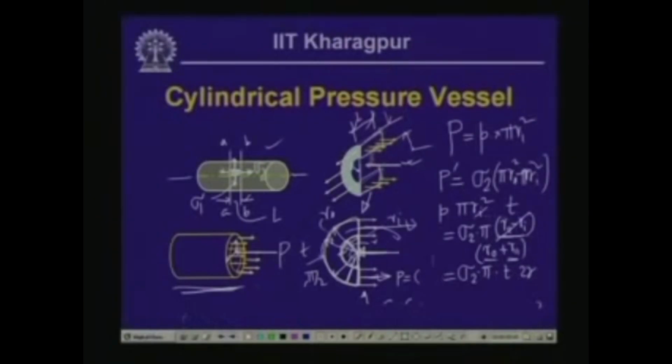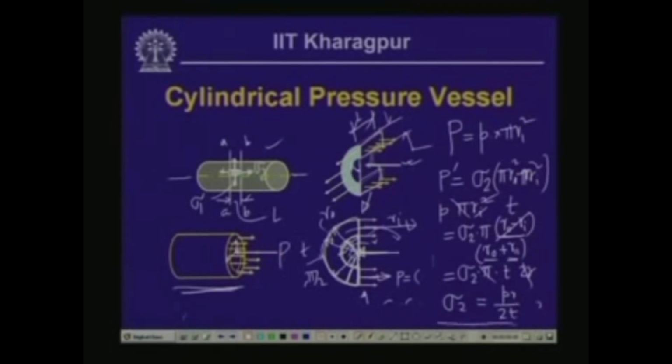Then this is basically twice r, and on the left hand side r I square is also r square. So, pi gets cancelled, r square and r get cancelled, and we have sigma 2 equals P r by twice T.